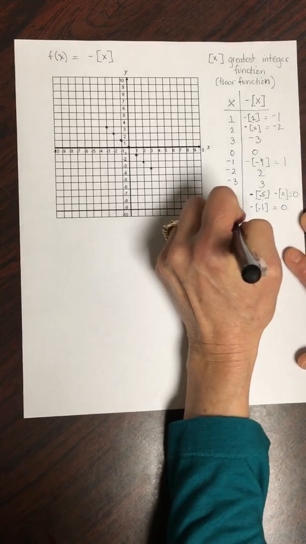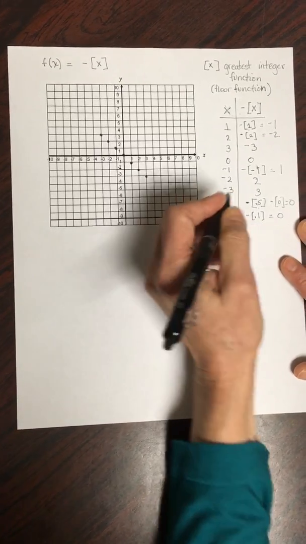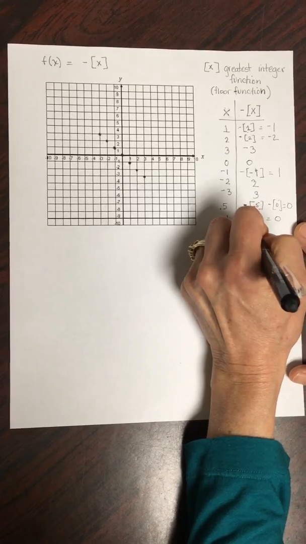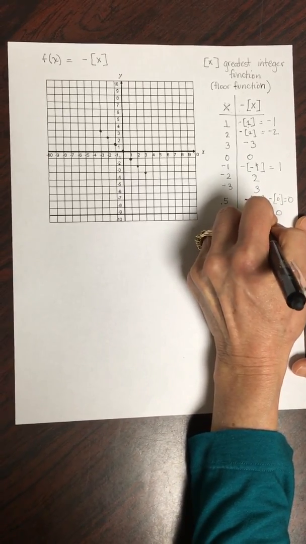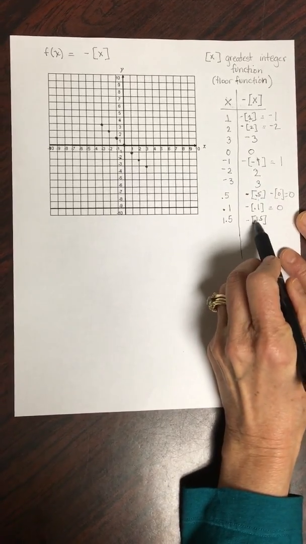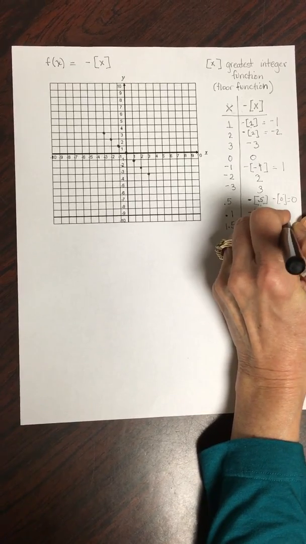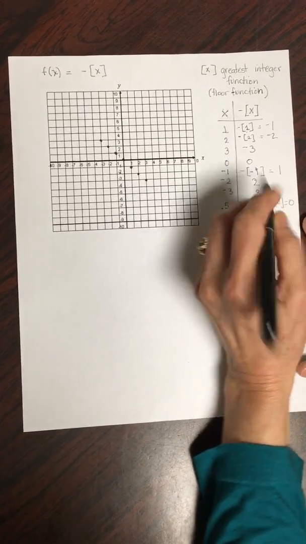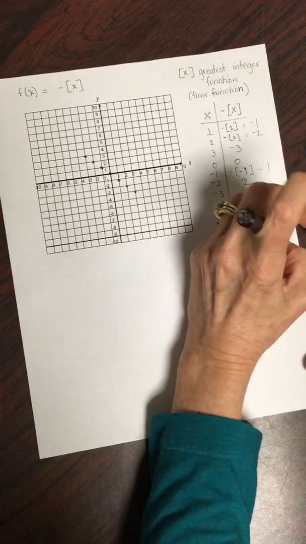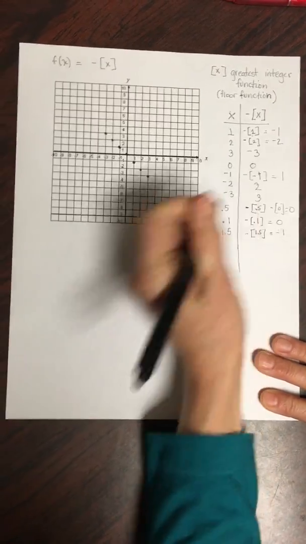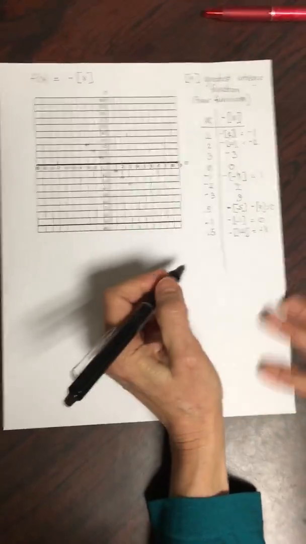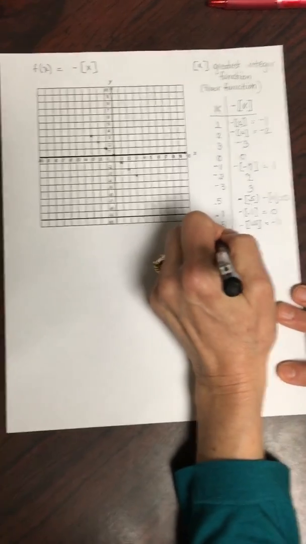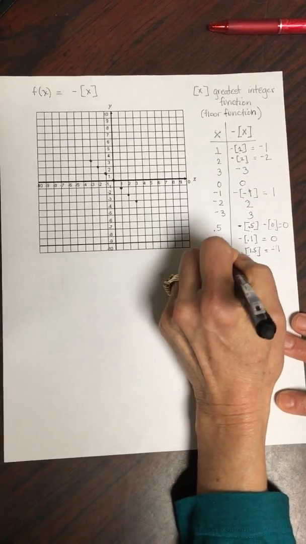Now we're going to do 1.5. If you take the greatest integer of 1.5, that is going to be 1, and you're going to wind up with -1 because of the negative in there. So then we're going to do -0.5.